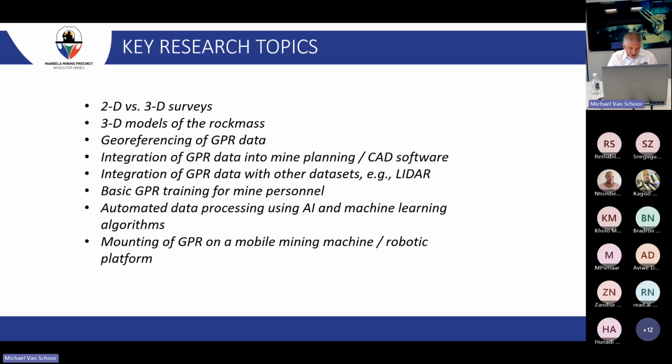Training for mine personnel is an important aspect of recent AOK efforts. And then things that we also highlighted as key research topics are the introduction of AI and machine learning. And then ultimately, you want to remove your operator from the unsafe spaces. So we considered the mounting of GPR sensors on mobile mining machines or robotic platforms.